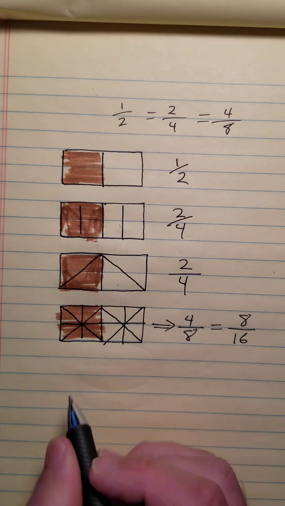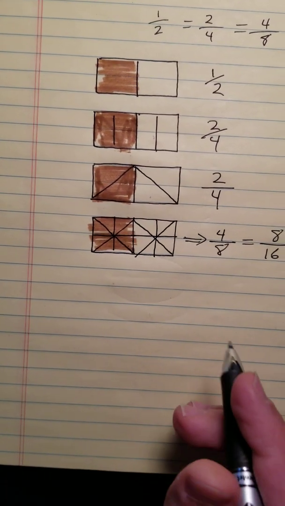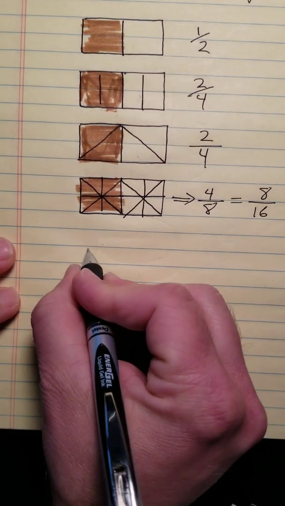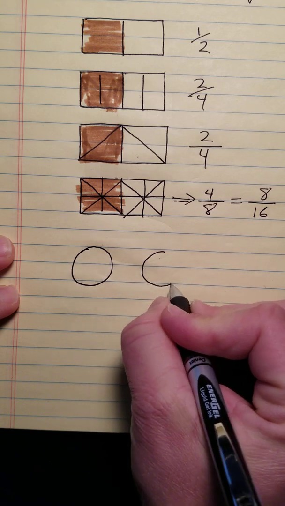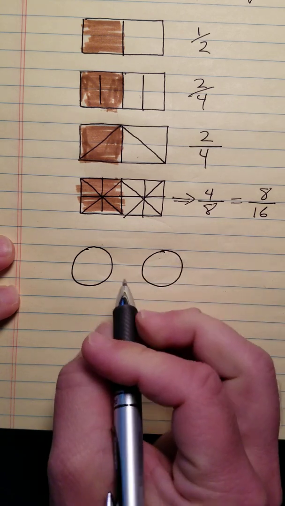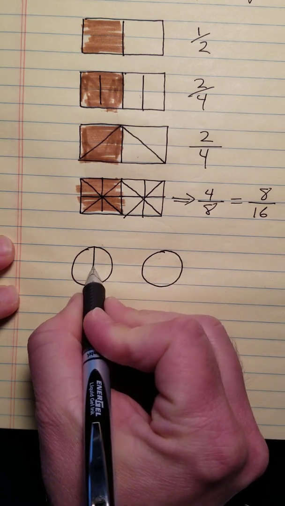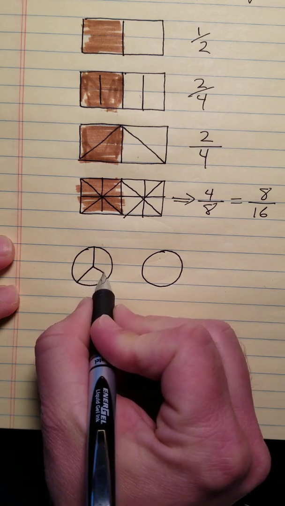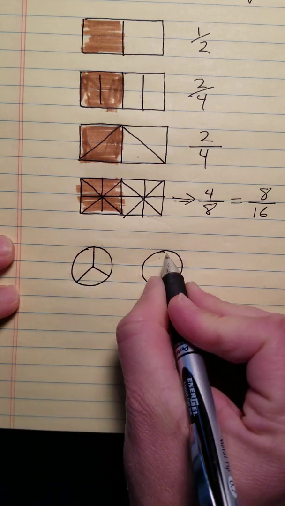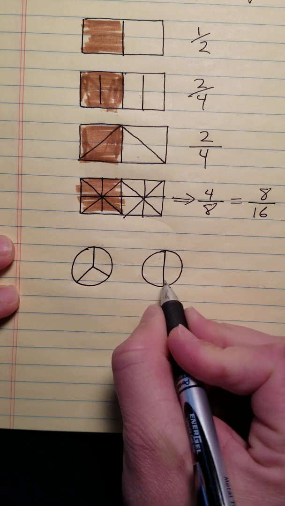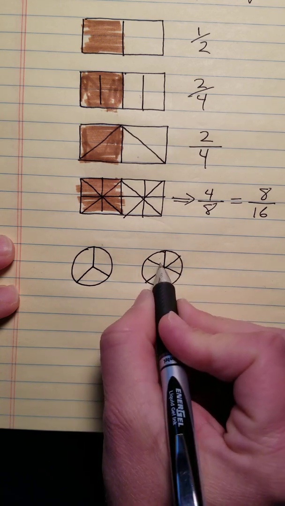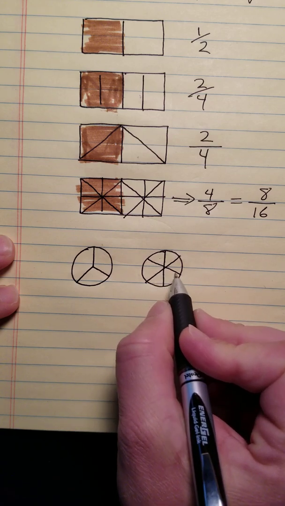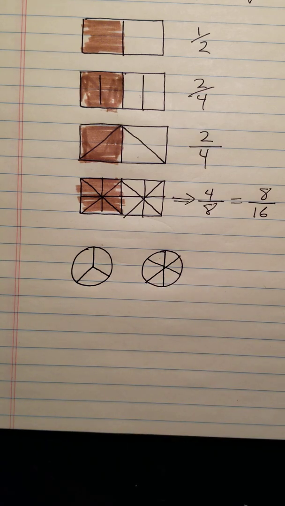Now let's look here. I've got 2 circles here. Let's divide this into thirds. It's not so easy dividing circles into thirds. It's a little bit easier dividing them into sixths. Oh, that's not perfect, but let's just pretend it's perfect.